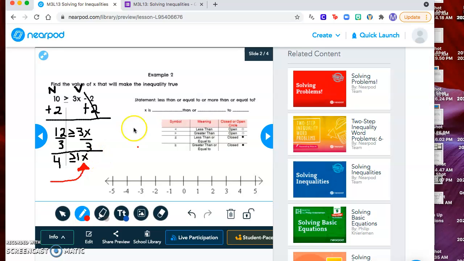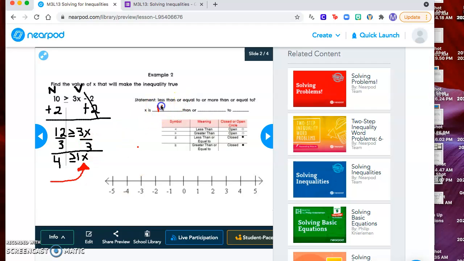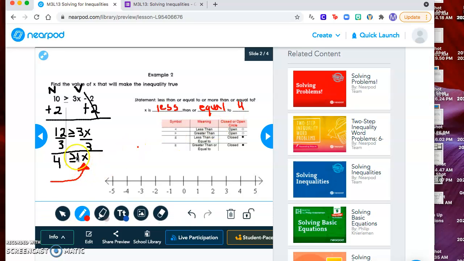So this is saying that x is, and here it would be less than or equal to 4. Because I'm reading it this way.